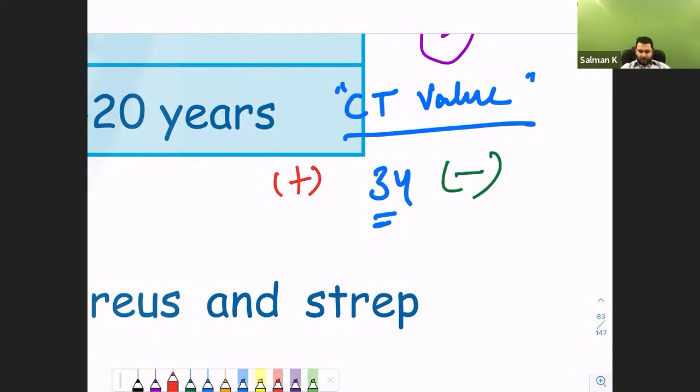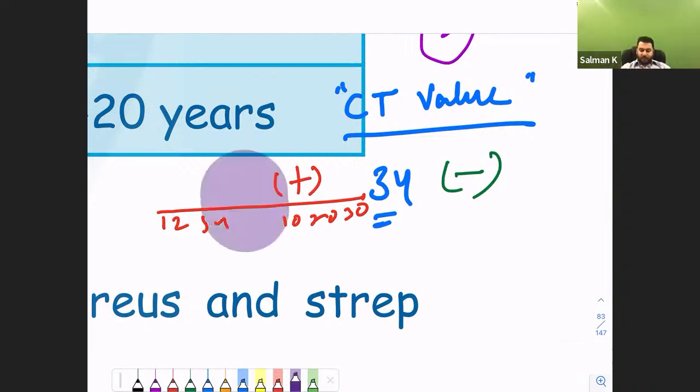So what we are saying is that 34 number, how did it come? That means numbers 1, 2, 3, 4, 10, 20, 30, 34, like that, all these numbers have been there. CT stands for cycle threshold, so the number of cycles that were done here are 34 cycles. If you're able to find the virus in the early cycles itself, that means there is so much virus in the body.